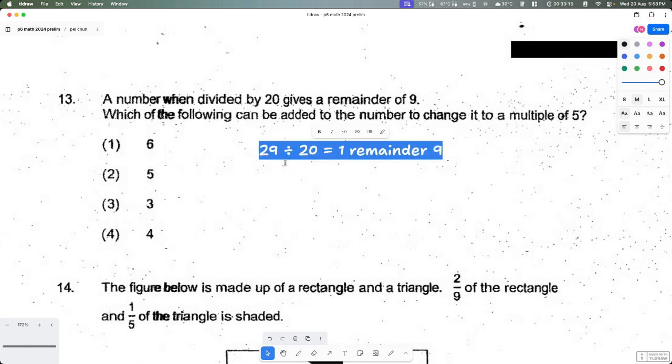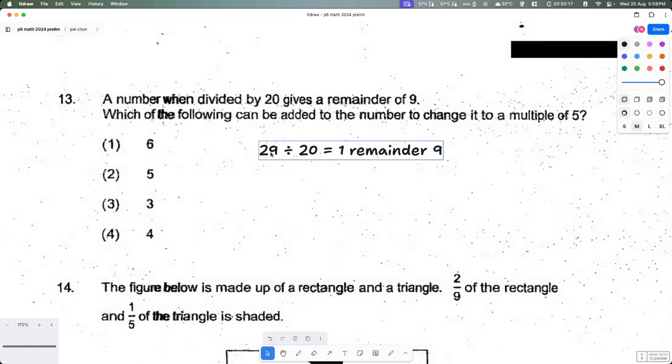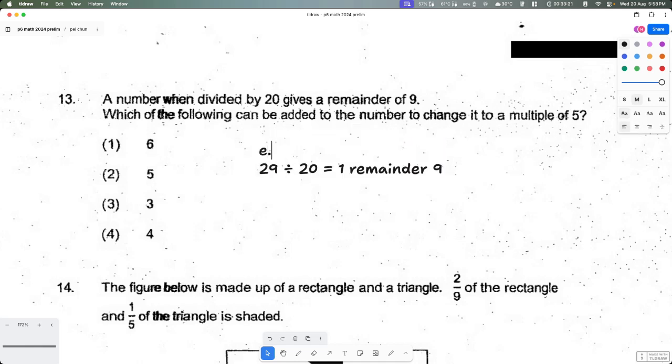Easiest example I can give you. Any number will work, to be honest, but make sure that you have remainder 9.